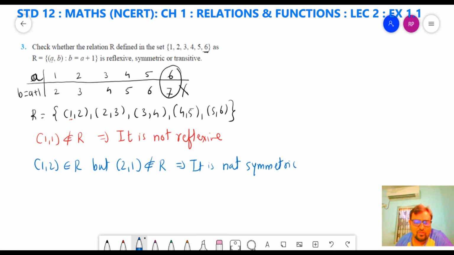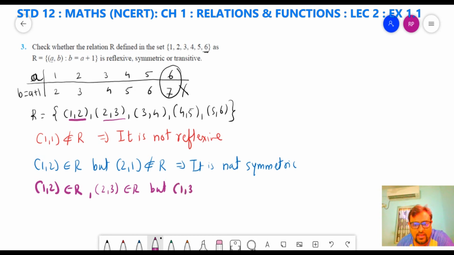Okay, now let's take transitive. Here I can say (1, 2) belongs to R, and (2, 3) belongs to R. But is (1, 3) belonging to R? Can I see any ordered pair like (1, 3)?